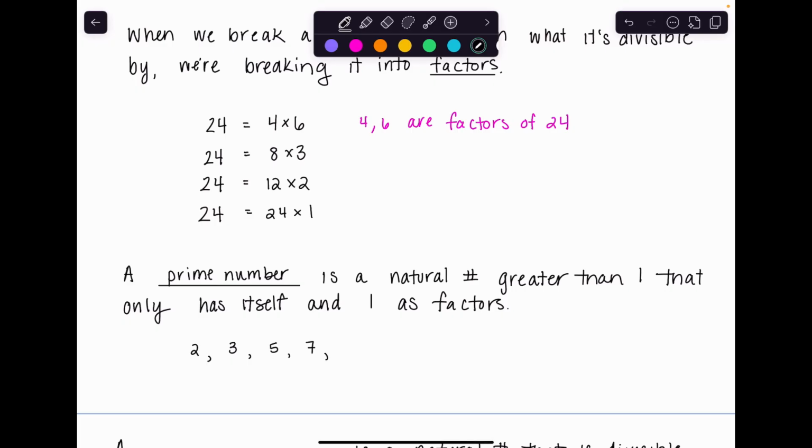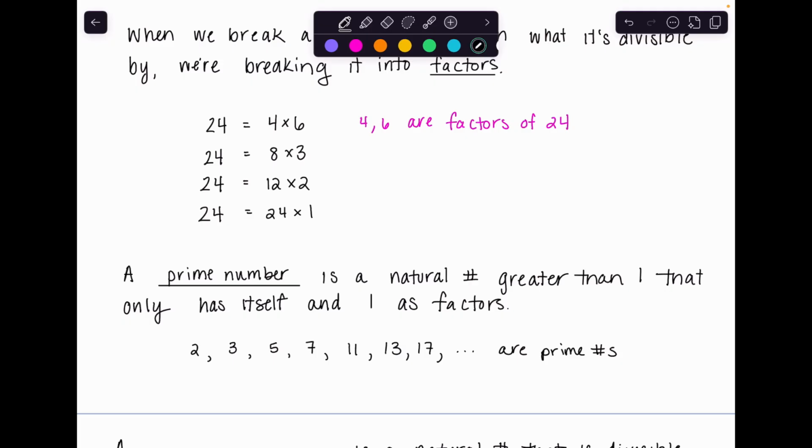Then 7, 11, 13, 17, and really this list keeps on going. These are all prime numbers. They cannot be divided nicely by anything other than the number and 1.